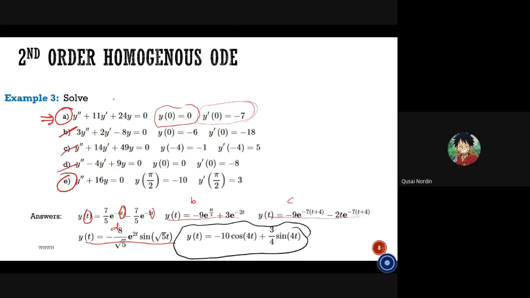Alright? So clear everyone? So with this, we have settled the second order homogeneous differential equation. But actually, this is not going to be the last time. We will actually use the following steps again. The steps that we have discussed now are used when you want to solve a second order non-homogeneous differential equation.